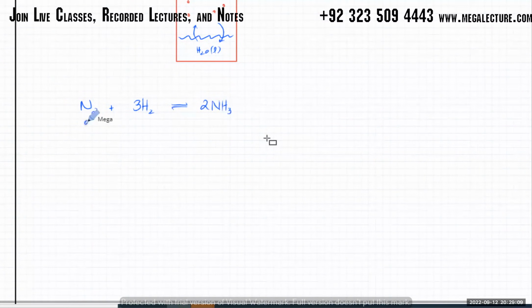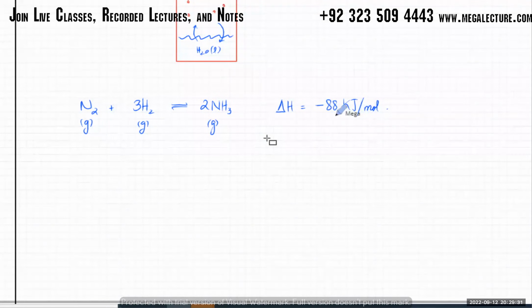See, all of them are gases. The enthalpy change is given. The enthalpy change is given as delta H being equal to minus 88 kilojoules per mole. Okay, so that enthalpy change is provided.